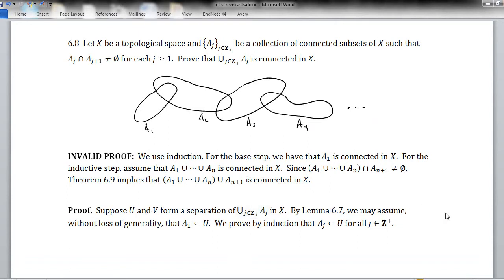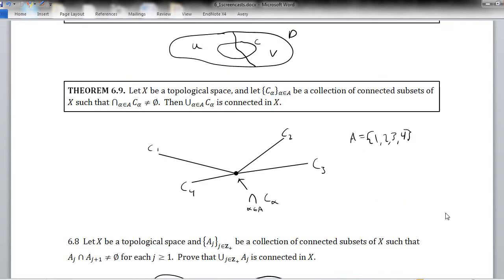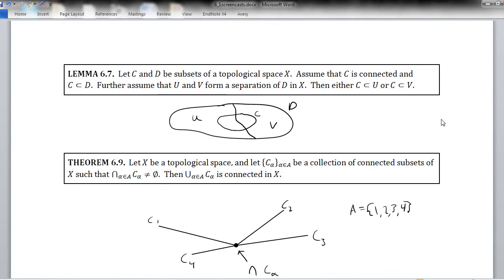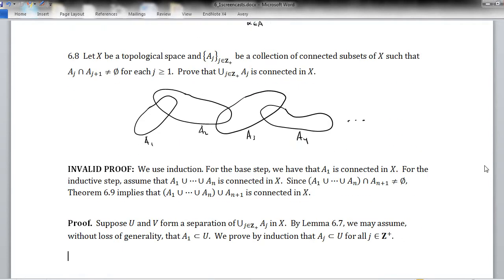Okay. Well then, by lemma 6.7, which was the first one we talked about up here, since we're assuming A sub 1 is connected, it has to be contained in one of these two subsets that form a separation of this larger space containing A1.